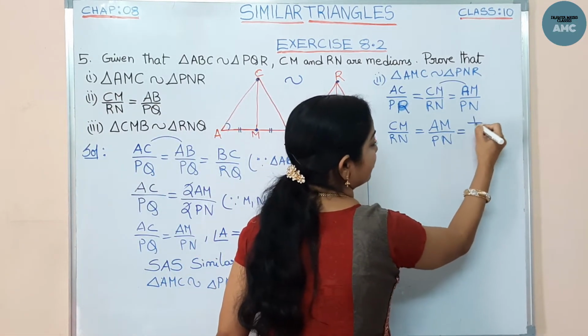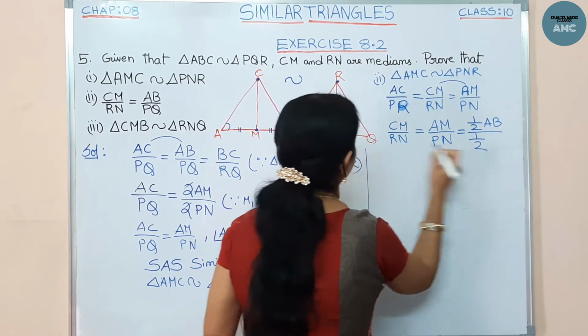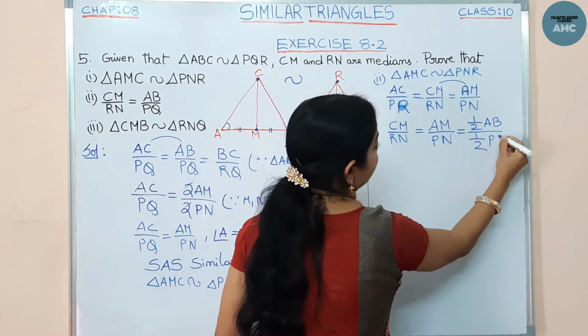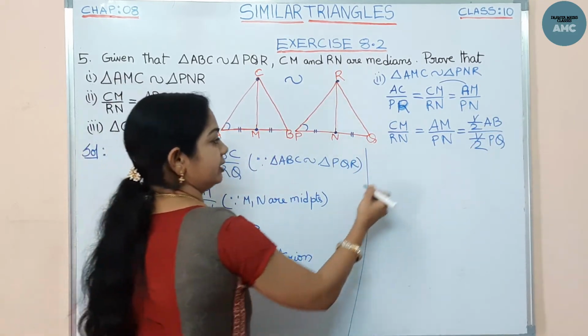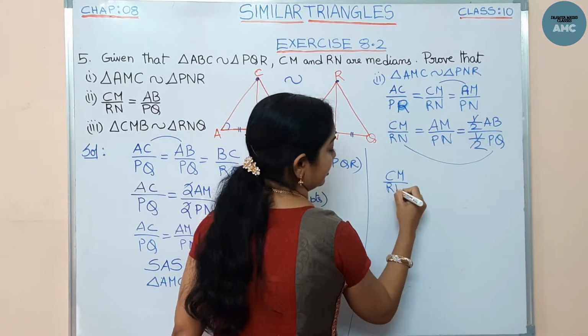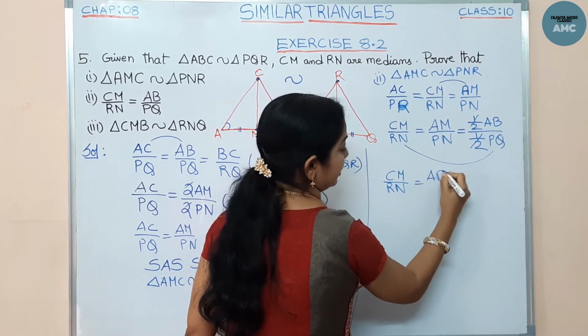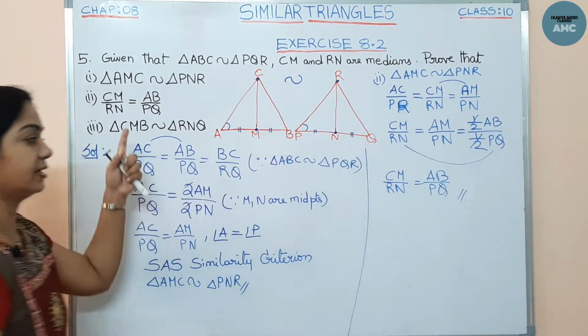I'll cancel off these halves. So when you equate these two, CM by RN is equal to AB by PQ. So hence proved the second part.